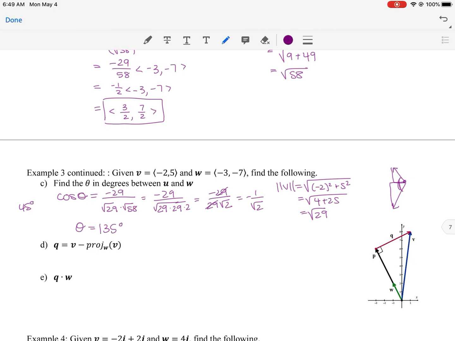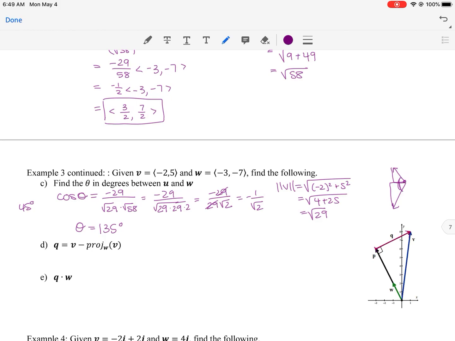Okay. This next part, the reason why I put a little picture over here, this is not the same example, but let's just think about it in this example. So if you have Q, it is going to be the entire length when we are trying to project V onto P, right? Q is this length between them.